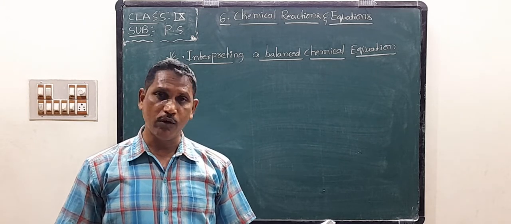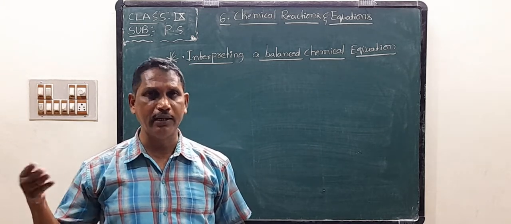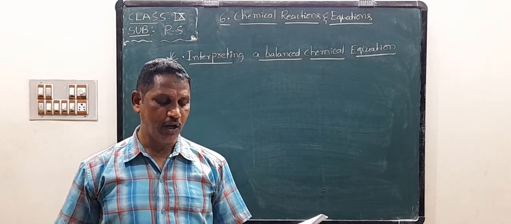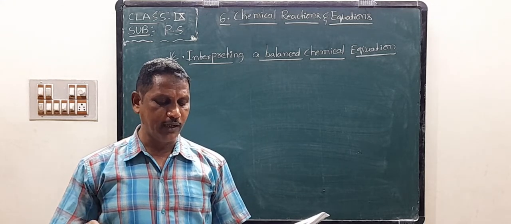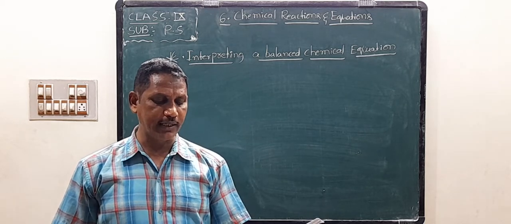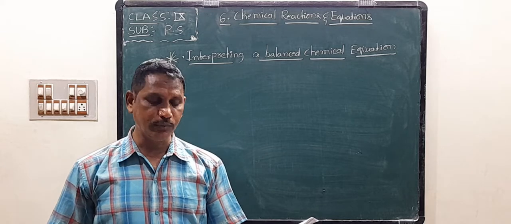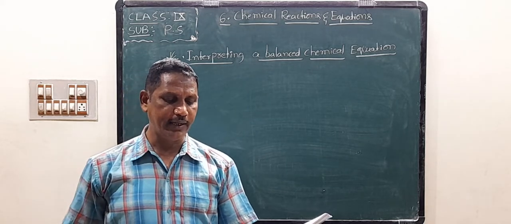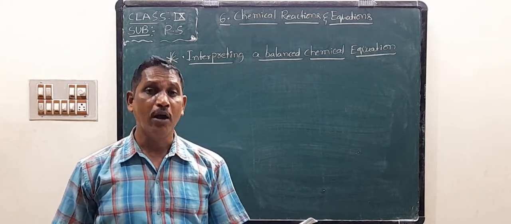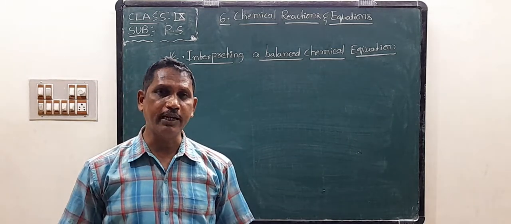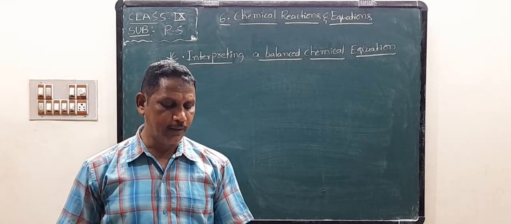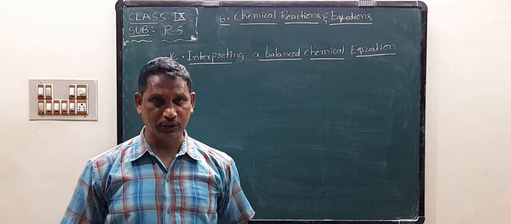If a gas is involved in any chemical equation, we can equate masses to volumes and calculate the volumes of those gases liberated at given conditions of temperature and pressure using molar mass and molar volume relationship.